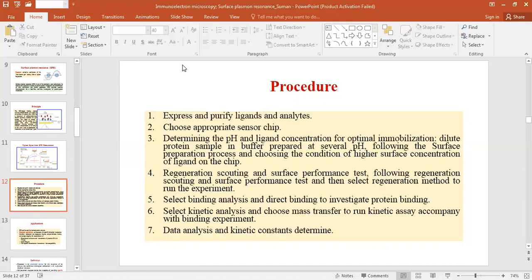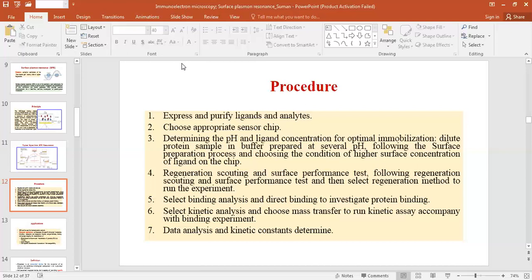Then determine the pH and ligand concentration for optimal immobilization: dilute protein sample in buffer prepared at several pH values, following the surface preparation process, and choose the condition of a higher surface concentration of ligand on the chip. This is a trial and error method; you have to determine the pH and ligand concentration that are optimum for immobilization.